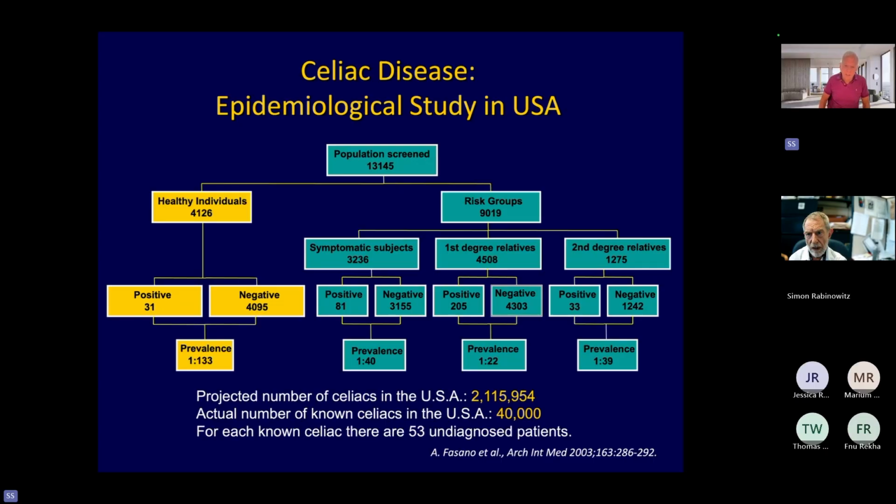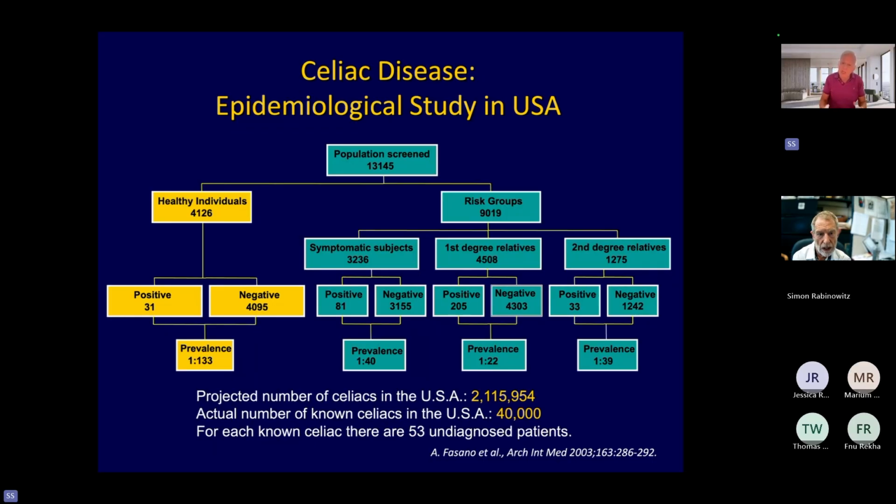Going over to the healthy individuals, there are 4,000 screened, 31 had positive serologies, the rest had negative, so the prevalence here is estimated to be 1 in 133. Now, this is all based on serology. It's not based on biopsy, so there may be some variability in the statistics. But overall, these data suggest that the projected number of celiacs in the US is over 2 million.